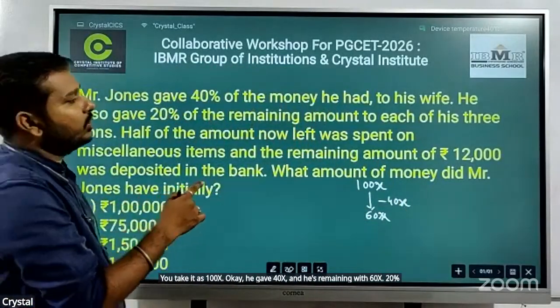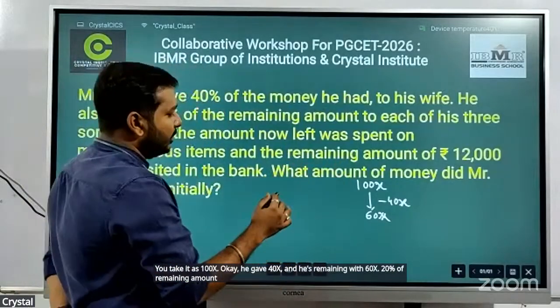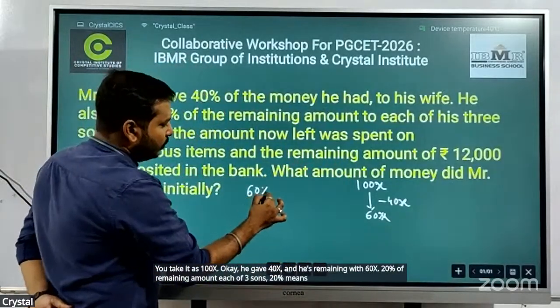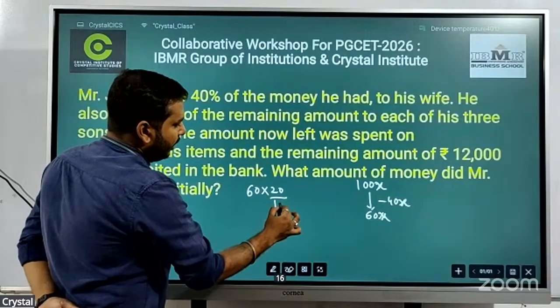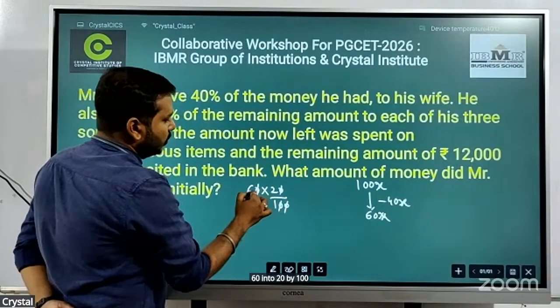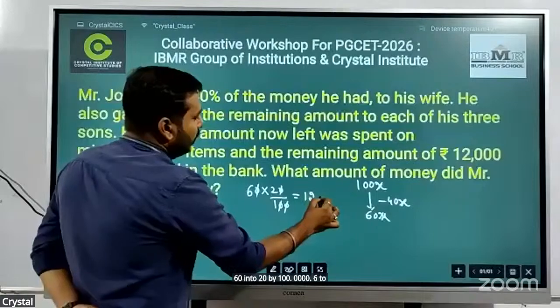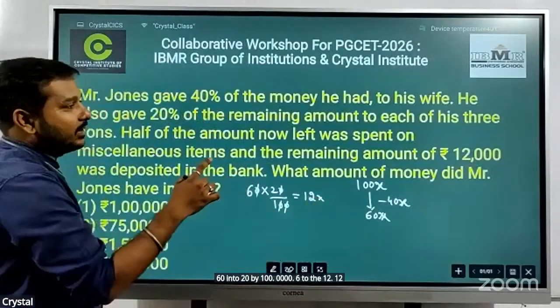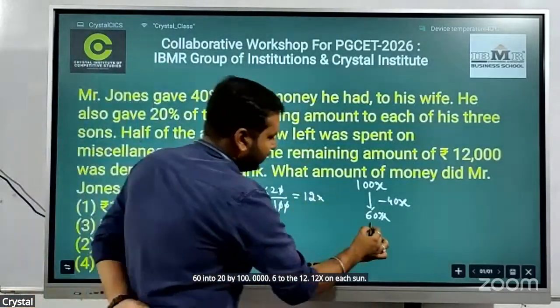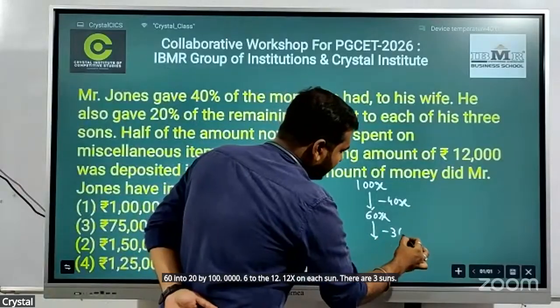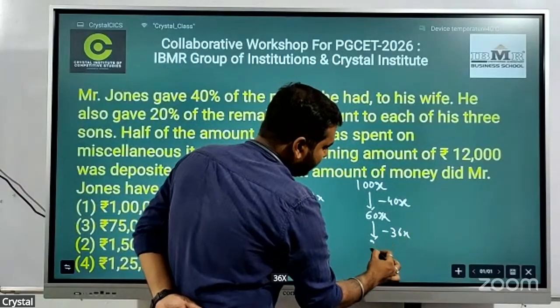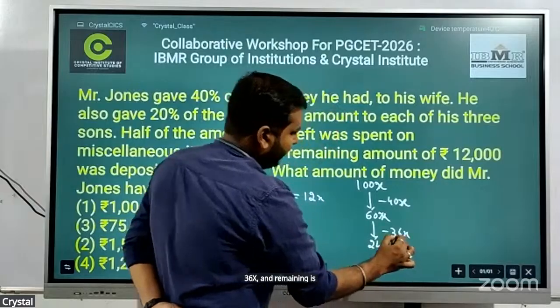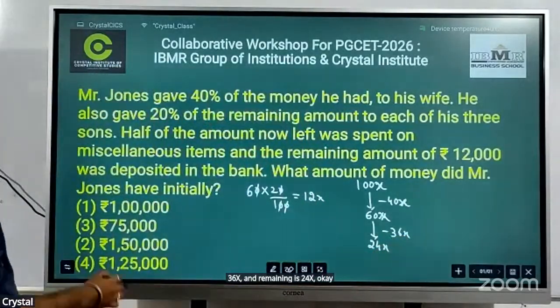20% of the remaining amount to each of 3 sons. 20% means 60 into 20 by 100, that is 12x on each son. There are 3 sons, so he gave 36x and the remaining is 24x.